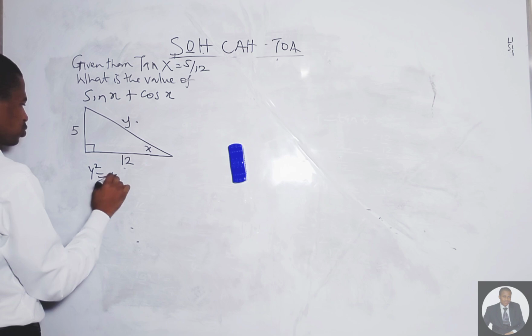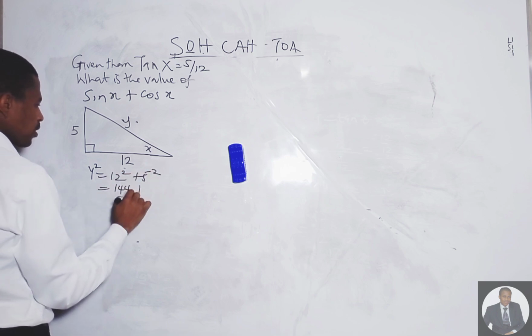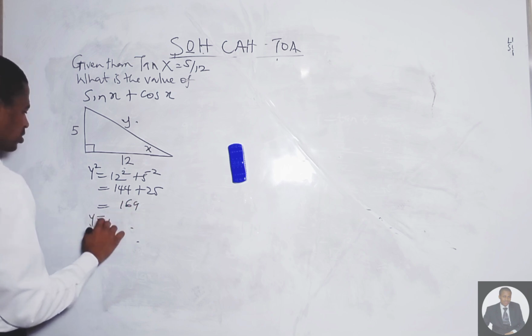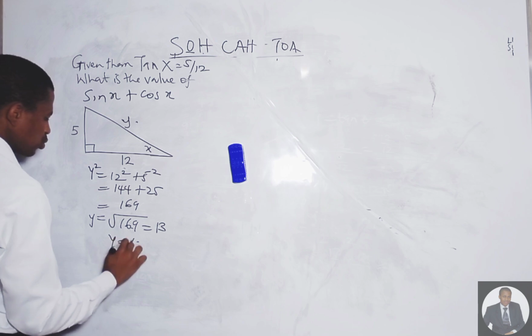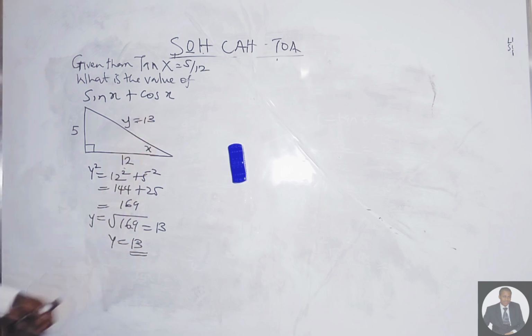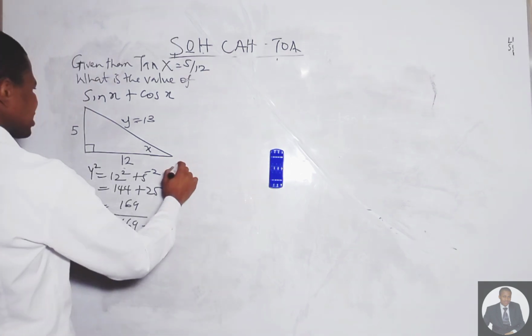y squared will give us 12 squared plus 5 squared. That will be 144 plus 25. That will give us 169. Then y will be the square root of 169, and that will give us 13. So having found y, it is very easy for us to look for sine x.